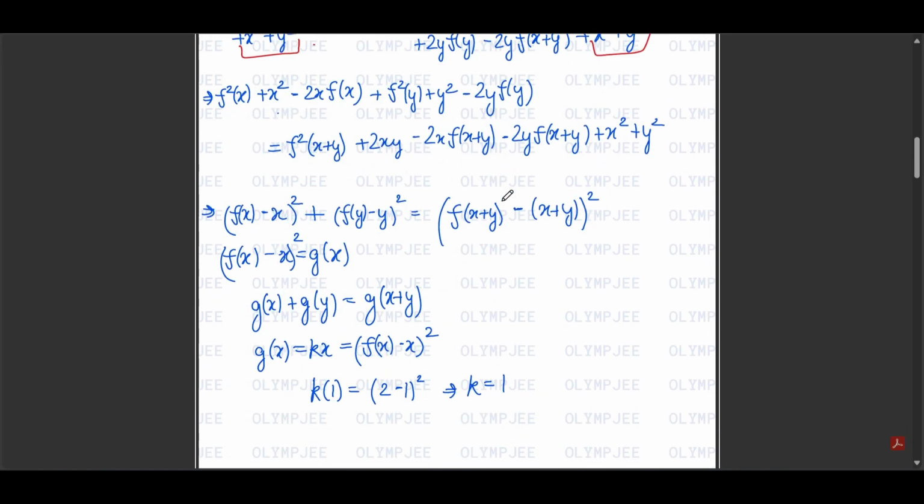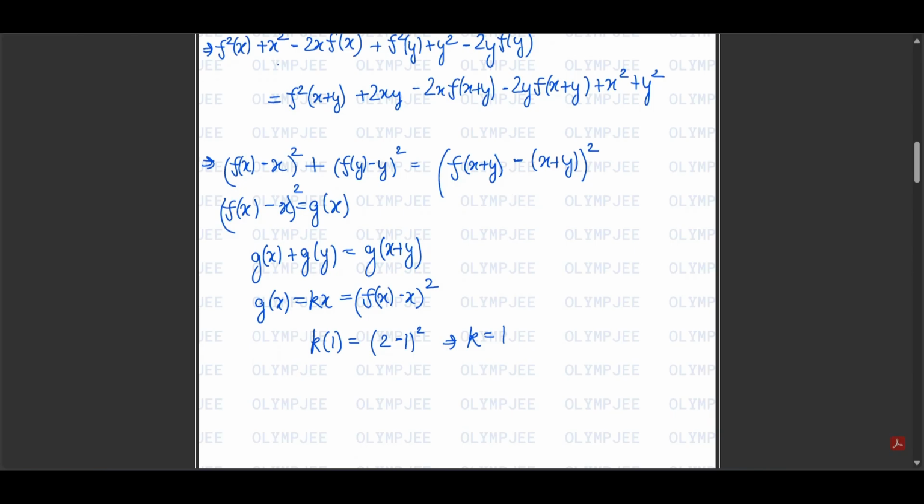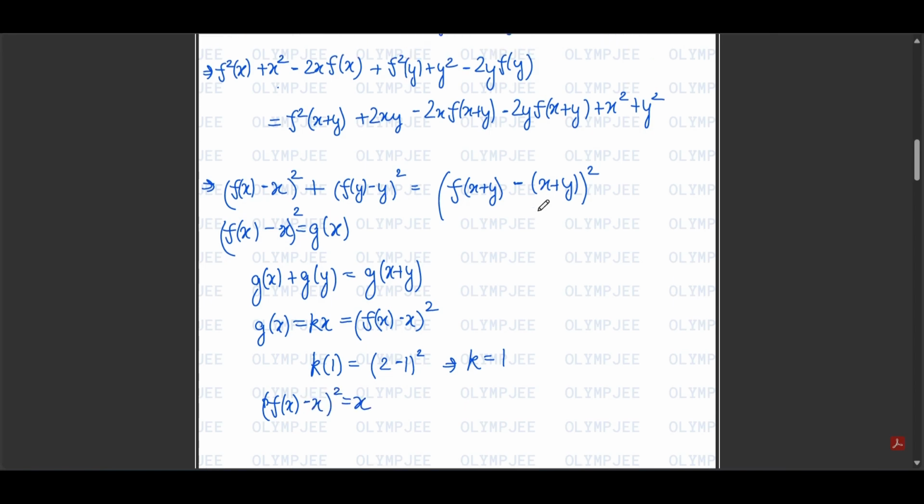So we get that f(x) minus x whole square is equal to x, right?